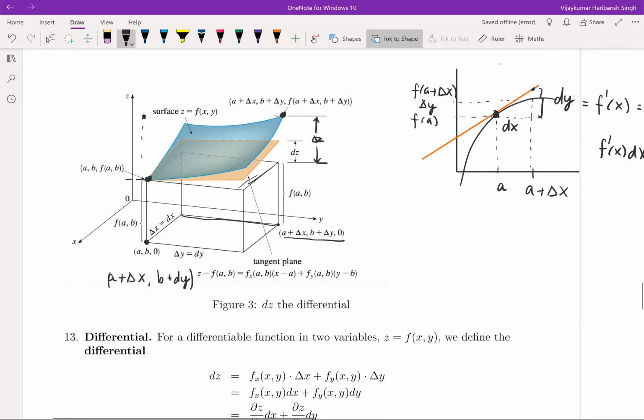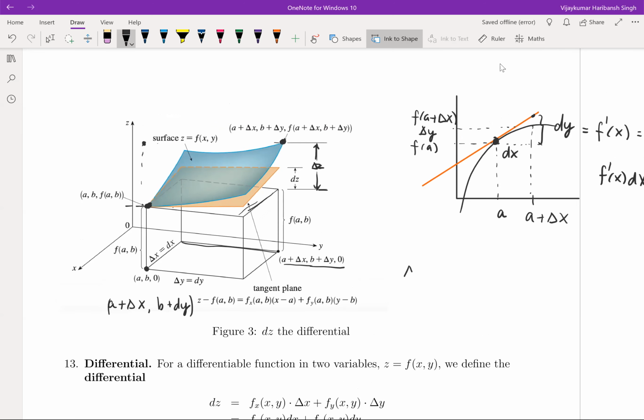Delta z is essentially the new value of the function, f of a plus delta x, b plus delta y, minus f of a, b. This is your change in the function, and you want to approximate it by the change in the tangent plane, and we call this dz.